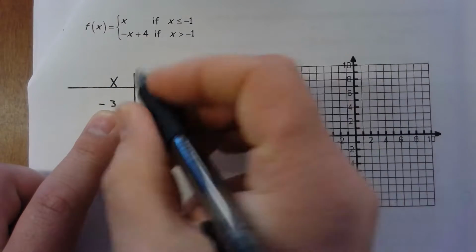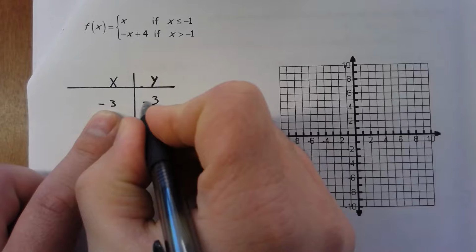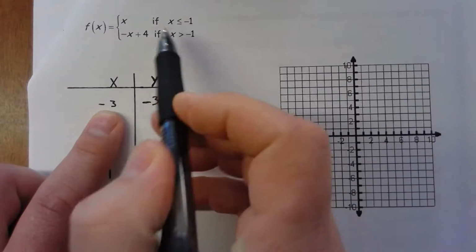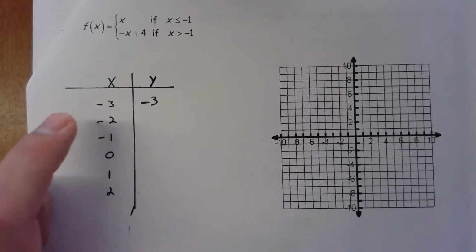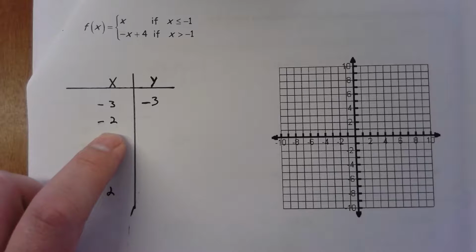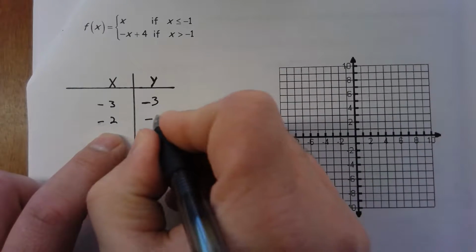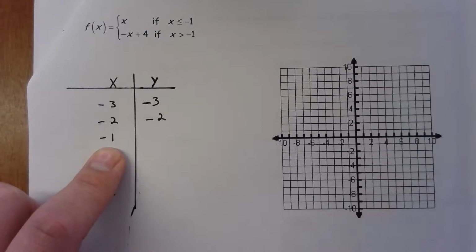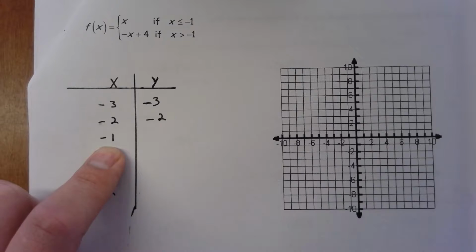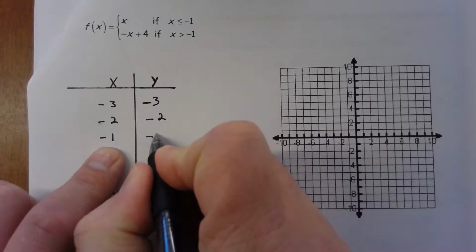So y is -3, because I just plug my number into my function over here and it gives me the same number back. So again, is -2 less than or equal to -1? Yeah. So -2. Now -1 less than or equal to -1. So -1.